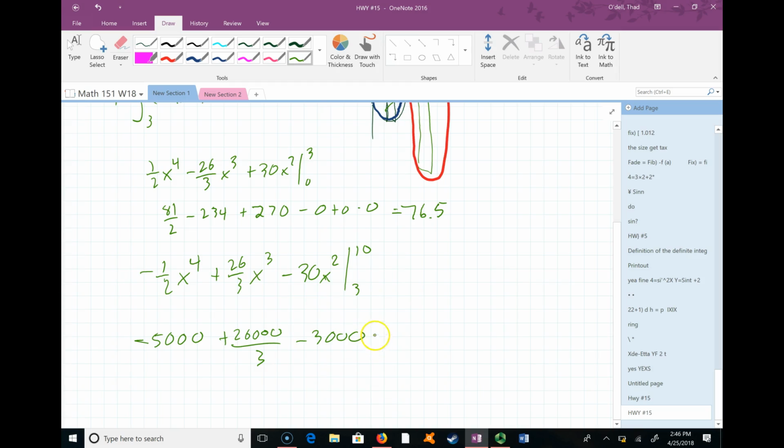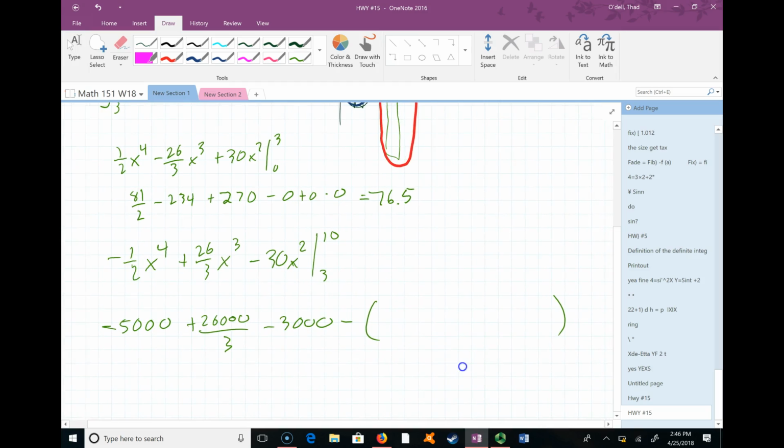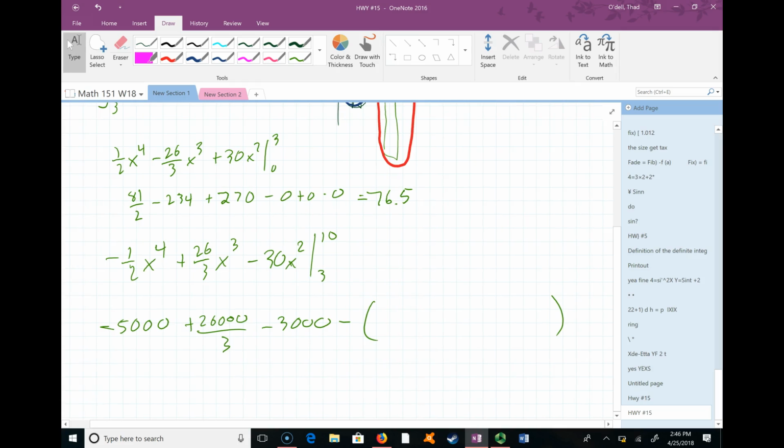And we're going to subtract from that, put that in parentheses, plug the 3 in. And we already know what 3 is when we plug it in there, only it's going to be minus a negative, so it'll be the same as that. So that'd be negative 81 over 2, plus 234, and a negative 270.